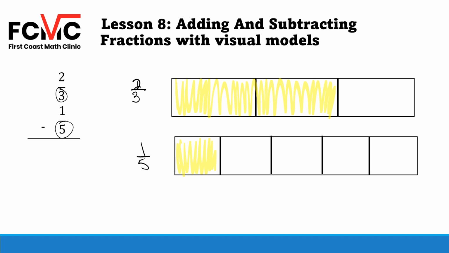So what we need to do is find our LCM, or least common multiple, for 3 and 5. So if I do that over here, our multiples for 3 are going to be 3, 6, 9, 12, 15.